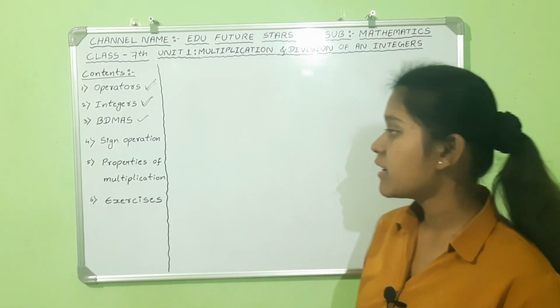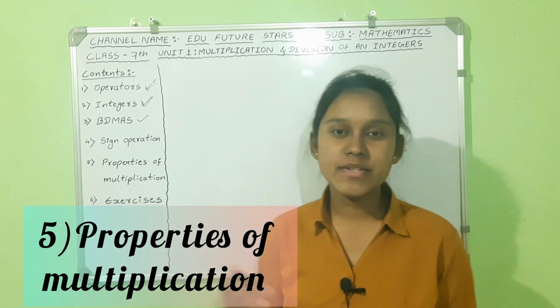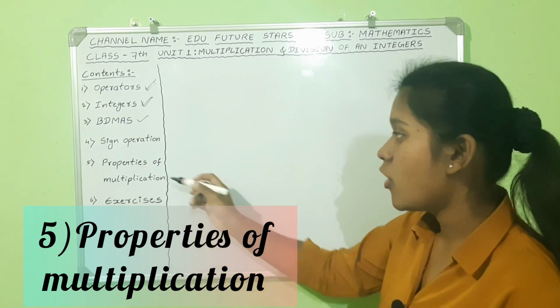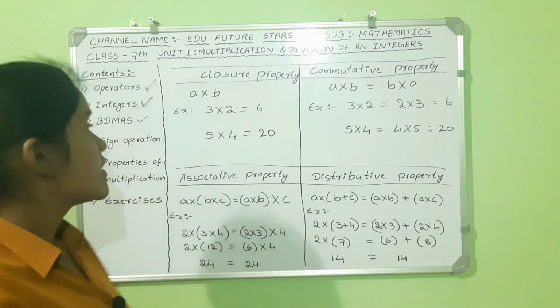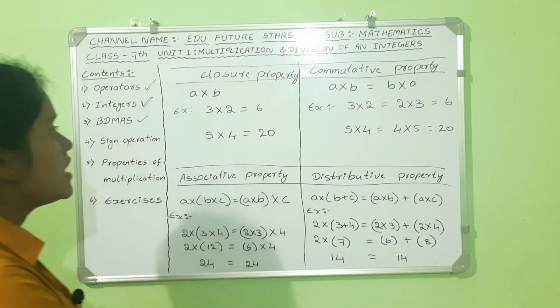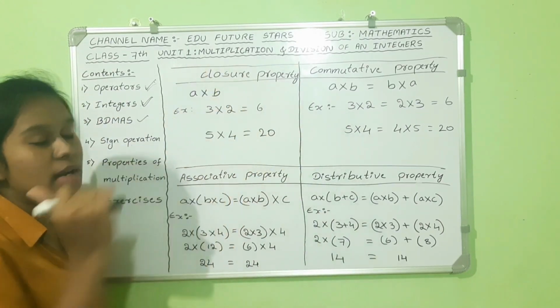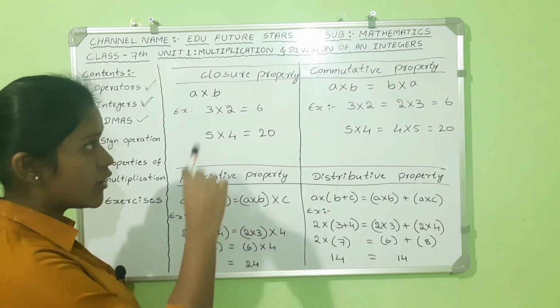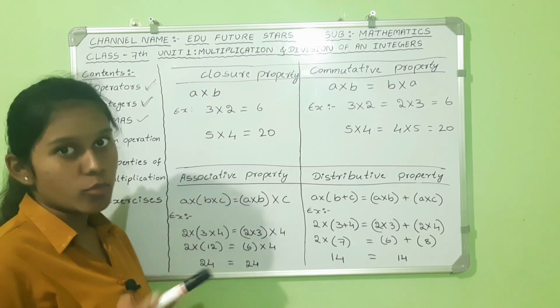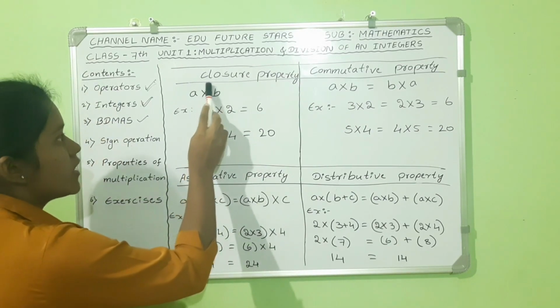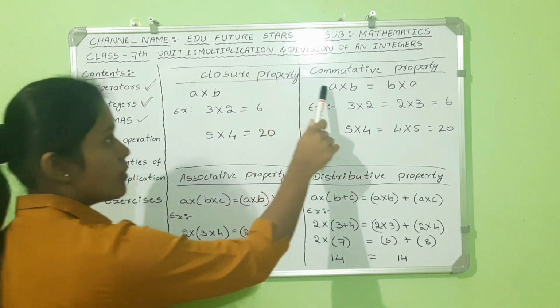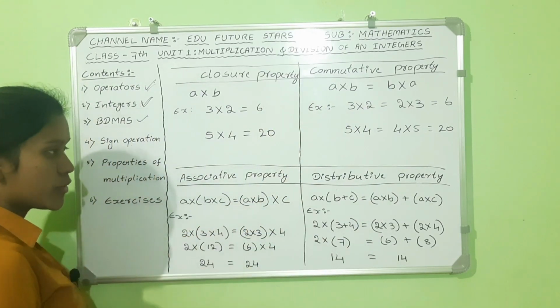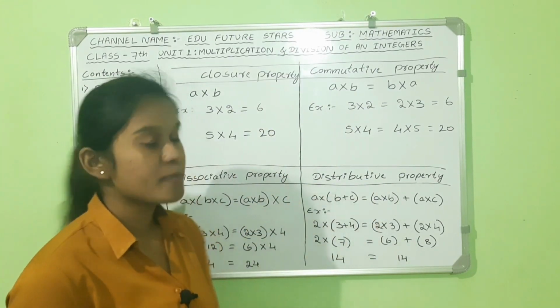Next we have properties of multiplication. So what are the properties we have? Let's see here. These are the properties of multiplication. Here I wrote 4, still 4 more there. One is closure property, commutative property, associative property, distributive property.